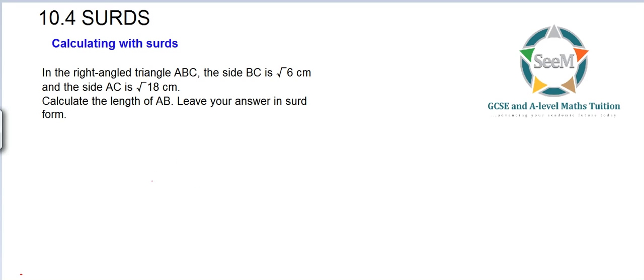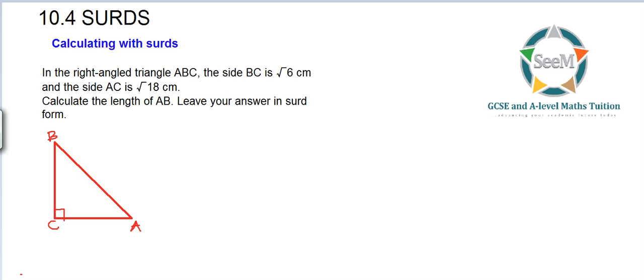In this session, we're going to be calculating with surds. Suppose we're given a right angled triangle that looks something like this, and we're told that it's a right angled triangle ABC. Okay, let's label that triangle. So we have A, B, and C, and it's a right angled triangle.